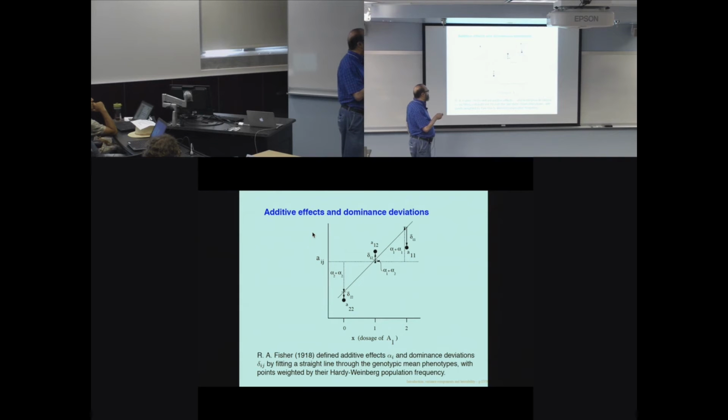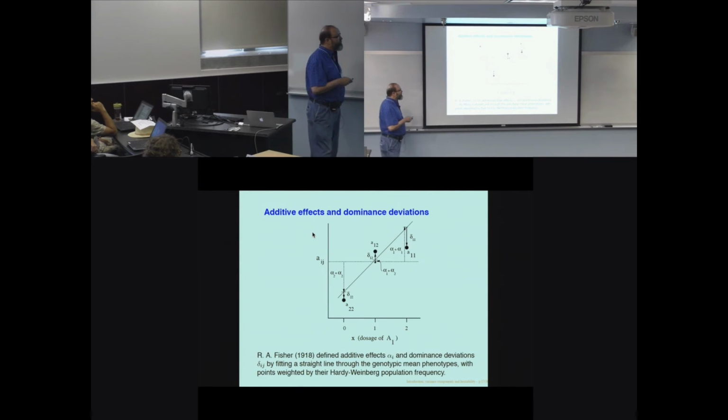In this case, they're negative. Those define alpha 1 and alpha 2, and by the linearity of things, this one here will be a sum of 1 alpha 1 and 1 alpha 2. So we could, in principle, if we were omniscient and we knew everything, calculate the values of alpha 1 and alpha 2.